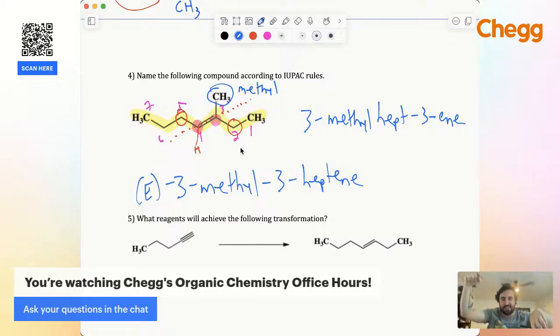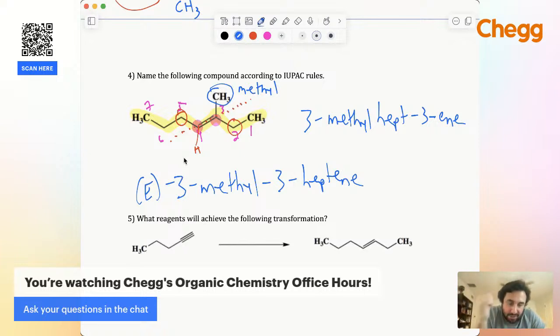They're on opposite sides of the plane containing the double bond. If they were on the same side, it would be Z, and you would remember that because Z is same side. So this one's E, but if, let's say, the methyl was here and the ethyl was going up that way, it would be Z, and we would just put a Z there.